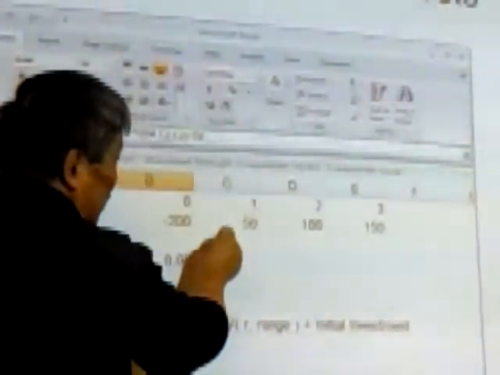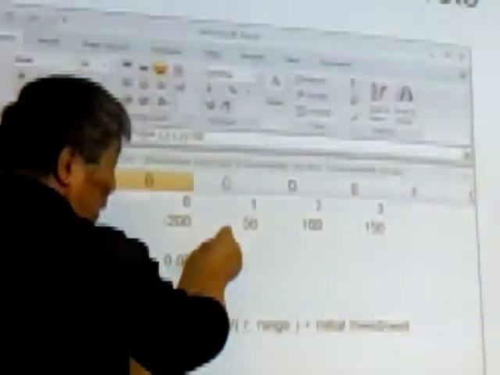Now how do I do that? The net present value should use this formula: equal to NPV, D4, interest rate, and the range from C2, the cash flow 1, to E, 50, 100, not the first one.